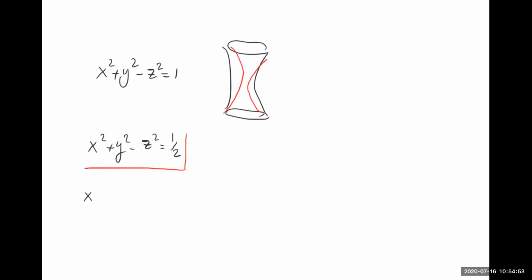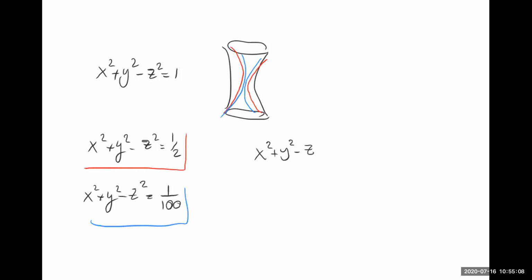When we have x squared plus y squared minus z squared equals 1 over 100, I would show the blue ones, we would get something like this. When we get to 0, x squared plus y squared minus z squared equals 0, these two curved lines get so close to each other that they would have intersection. You would get this thing.